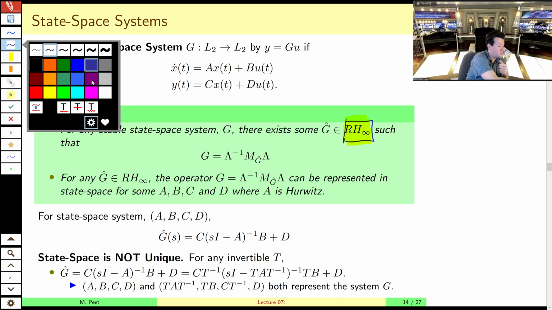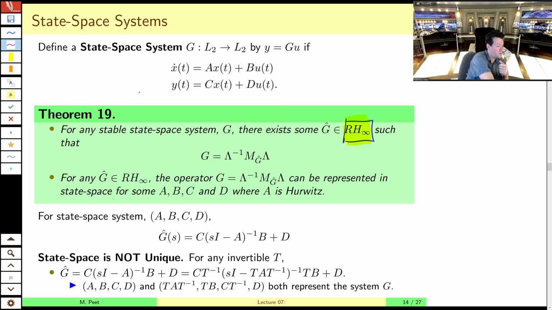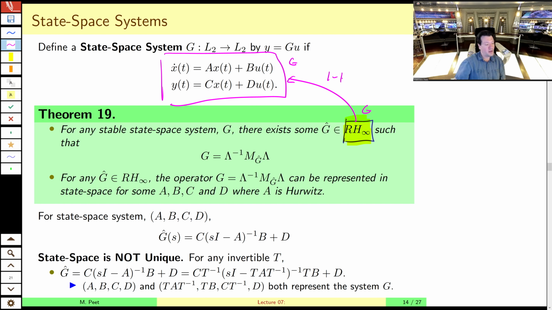Let's switch our color again. So there's a one-to-one relationship between systems which have a state space representation and systems which have an RH∞ transfer function. One-to-one. That's encapsulated by the theorem right here.